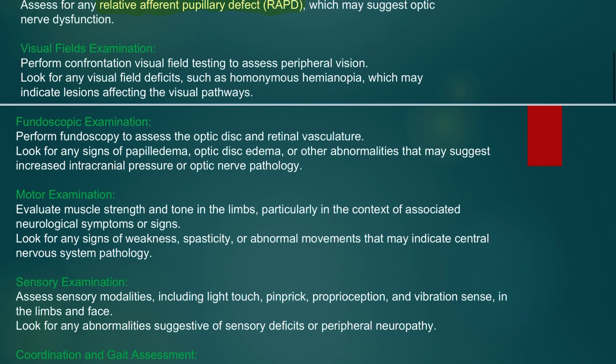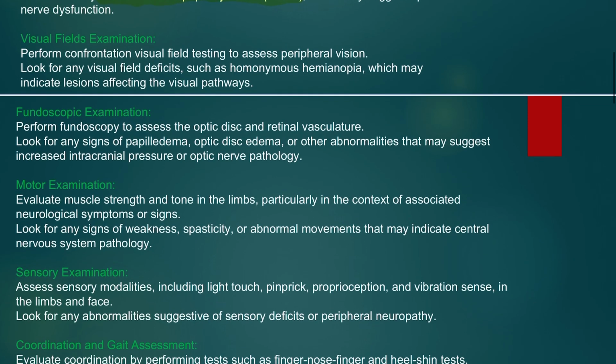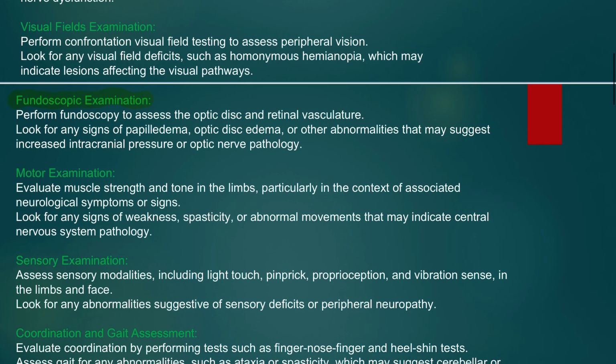You will do the fundoscopic examination in this station, because as the patient is complaining of diplopia it is very important. Perform it to assess the optic disc and retinal vasculature, and look for any signs of papilledema, optic disc edema or other abnormalities that may suggest increased intracranial pressure or optic nerve pathology, because increased intracranial pressure is one of the differential diagnoses of isolated 6th nerve palsy.